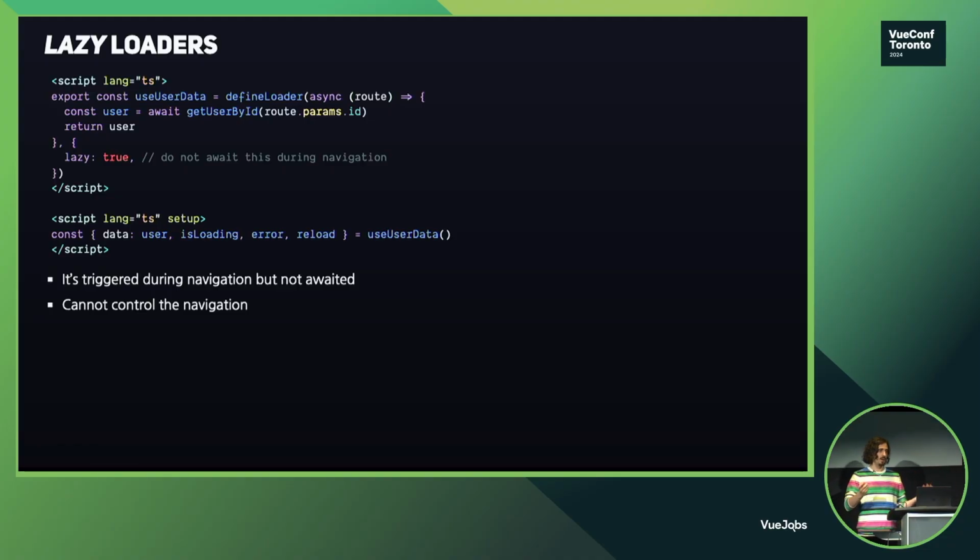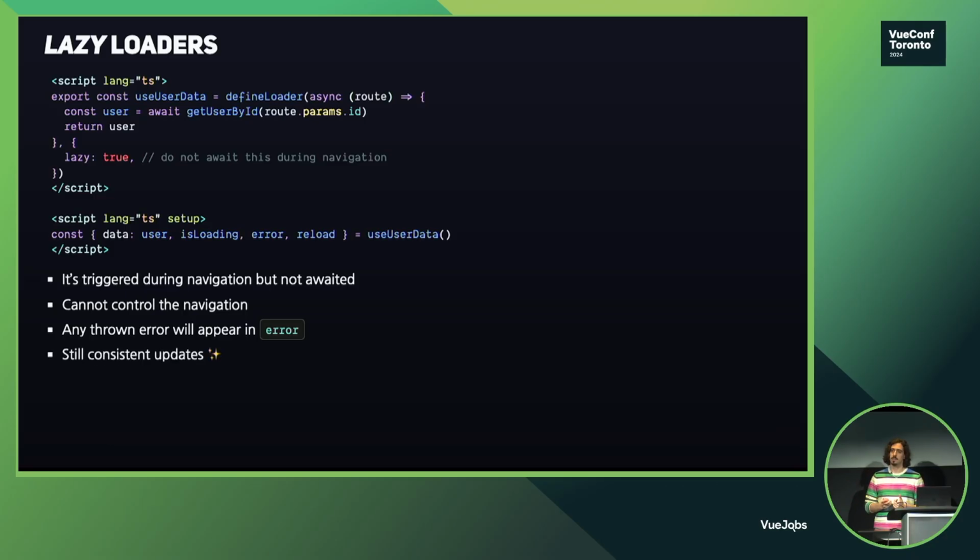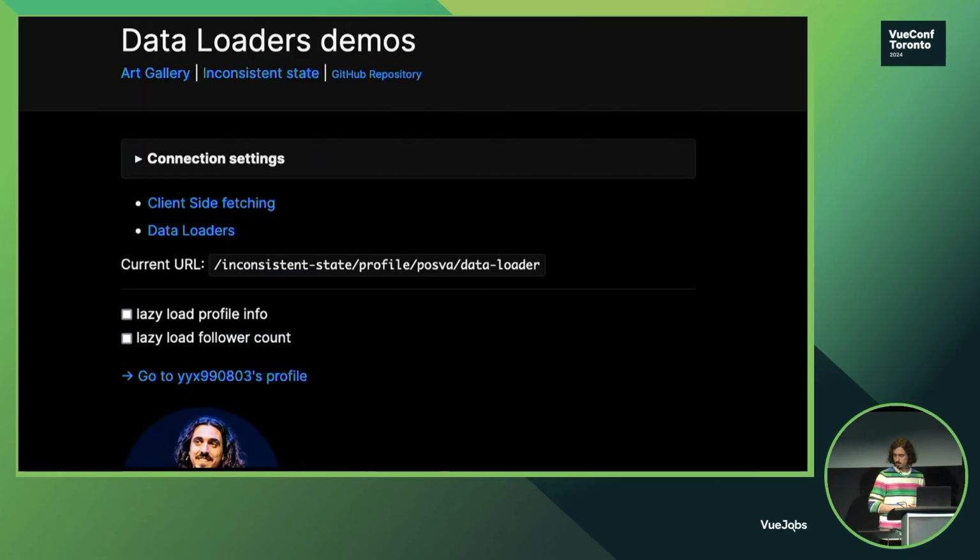So any thrown error, which would usually cancel the navigation as well, will appear on the error property. That means that we can, or we probably should, display or handle the error in a more granular fashion, inside of the page instead of the global error boundary. And this is the best part, it still follows consistent updates. So let me show you what I mean by that.